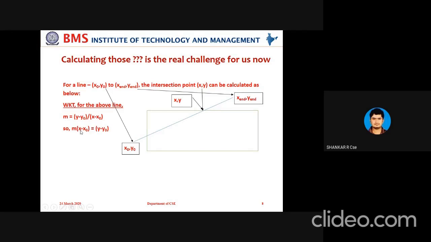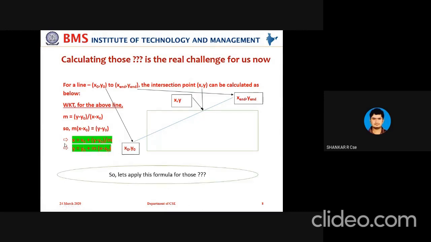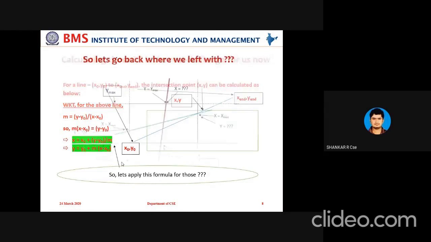So take out x from this, you will get x naught plus this times y, and take out y from this equation, you will get y naught plus m times this. So we should now be applying this formula, that is x is equal to x naught plus y minus y naught by m, and y is equal to y naught plus m times x minus x naught. So this formula goes in my question marks.